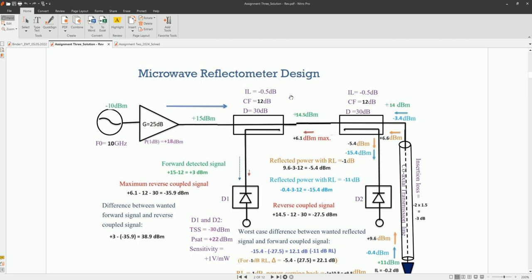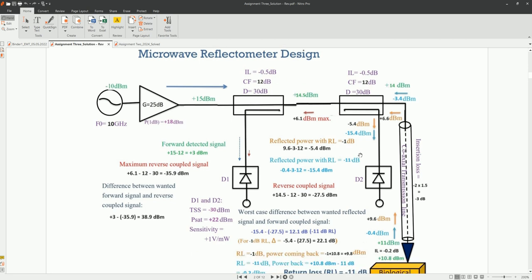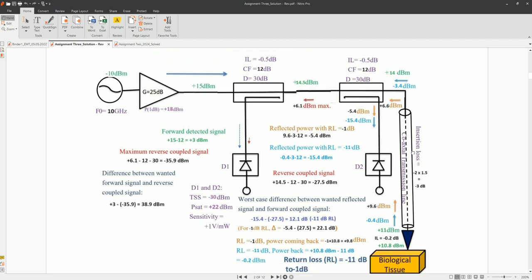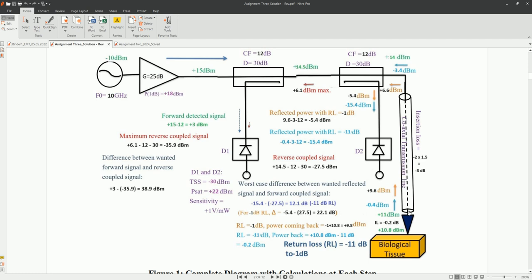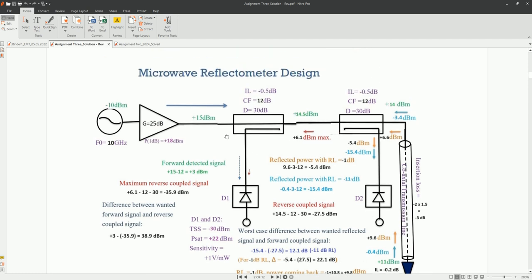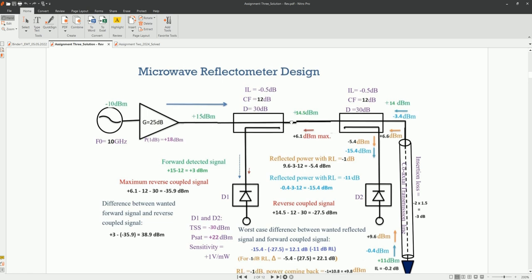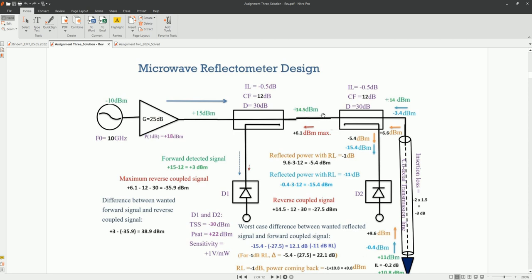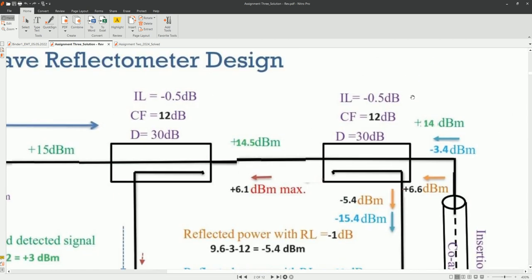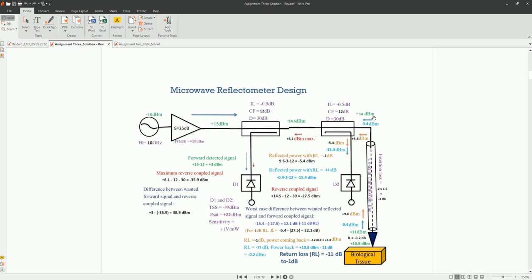And then we have directional couplers which are connected with the diode detectors D1 and D2, and then we will have the coaxial transmission line, then a probe, and then the biological tissue. So -10 dBm plus 25 is plus 15 dBm, and then we simply subtract the insertion loss of 0.5, and we get plus 14.5 dBm, and then again subtract the insertion loss, we get 14 dBm.